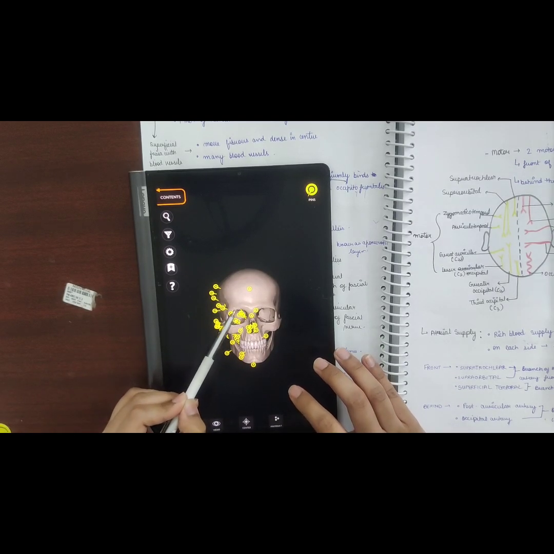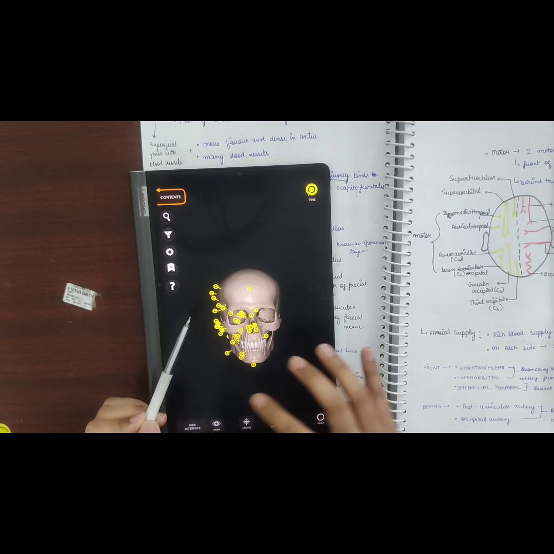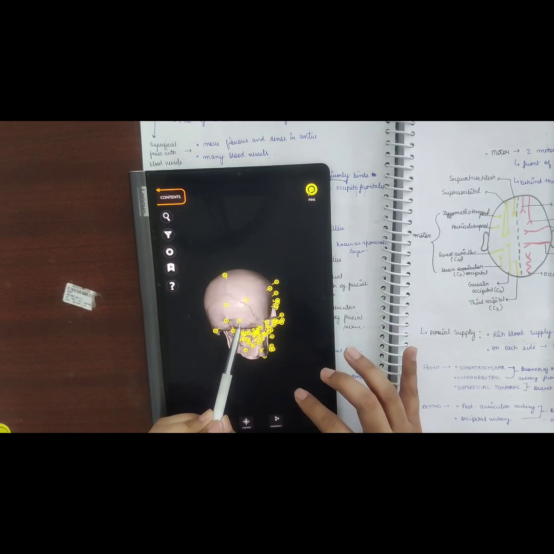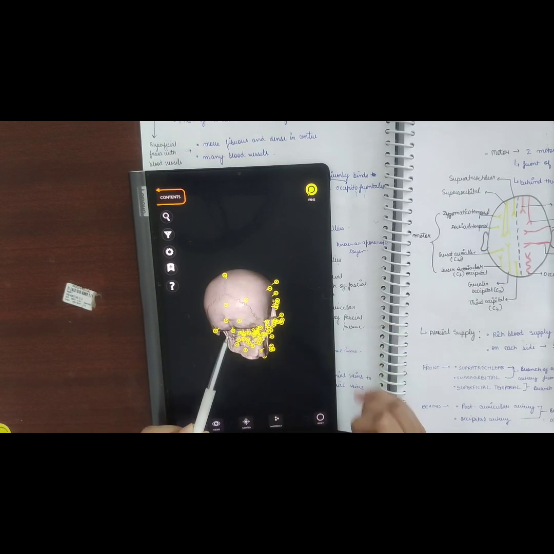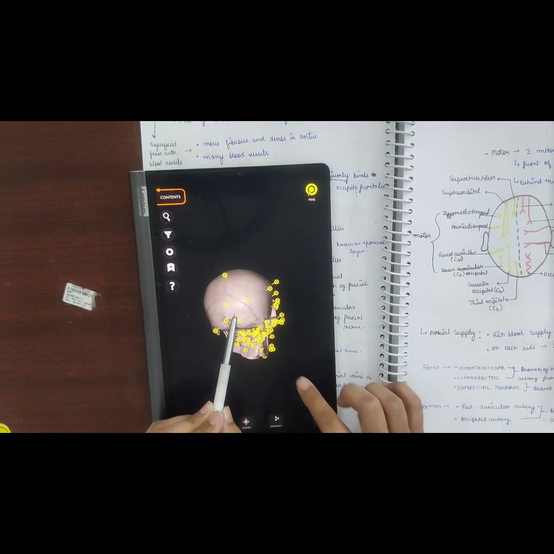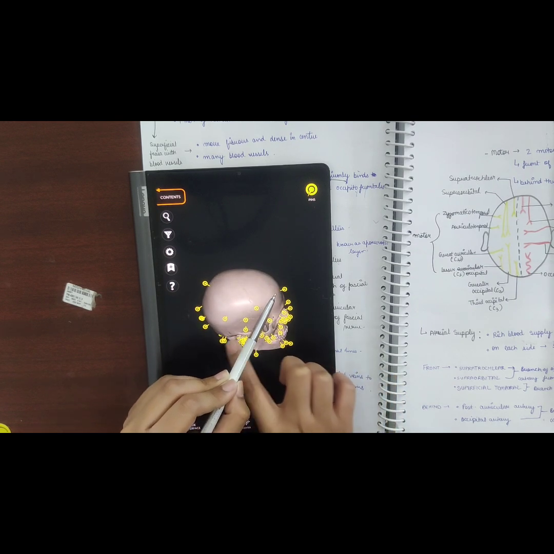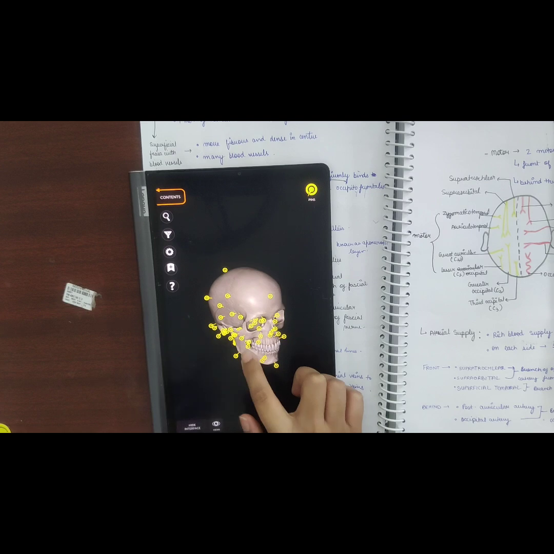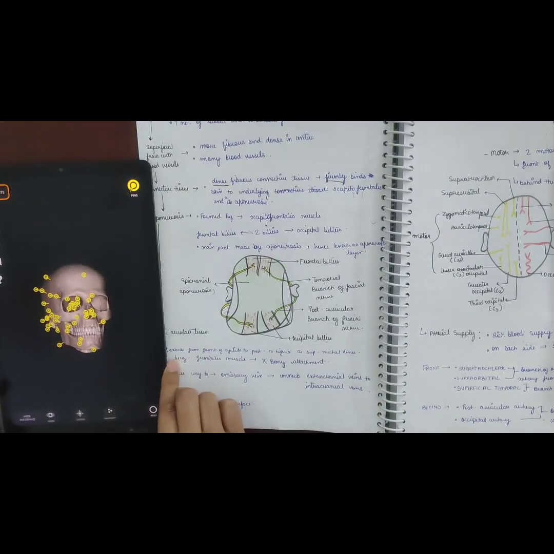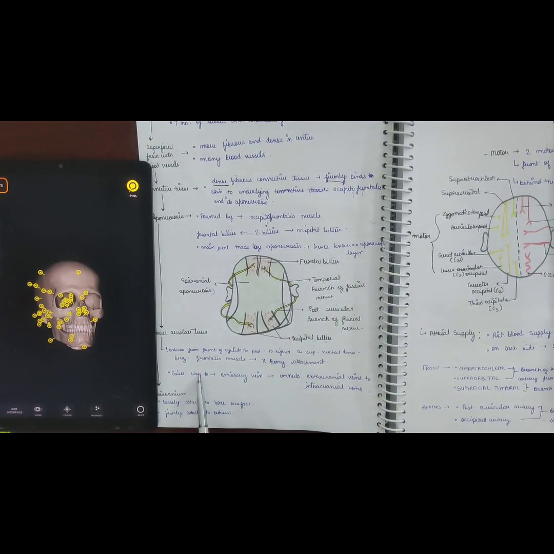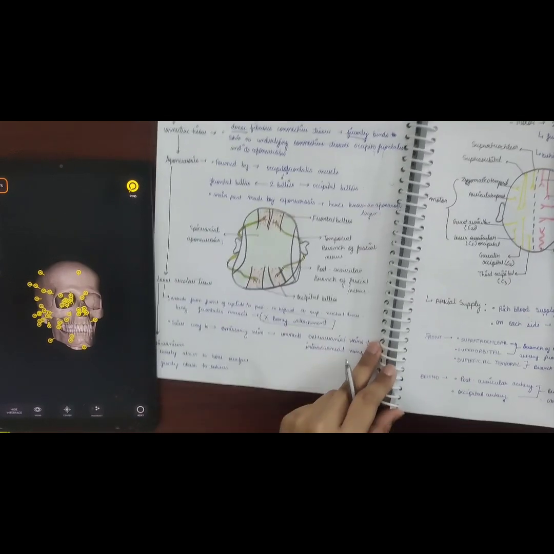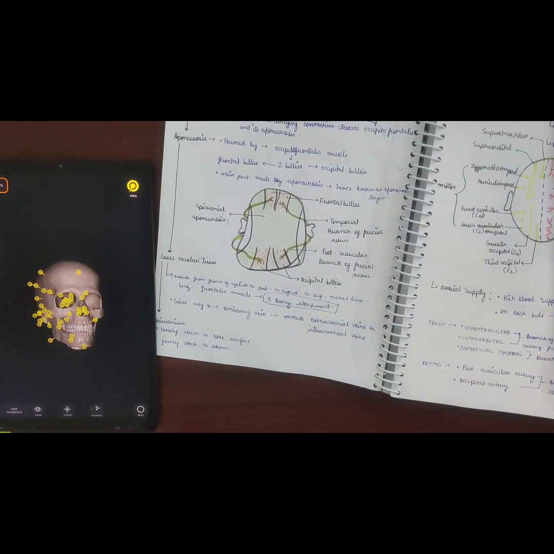It extends from here, the supraorbital area, to the superior nuchal line, from here to this side, right? And it has no bony attachment. This is the most important point. You will see some of the clinical relations with respect to this having no bony attachment.